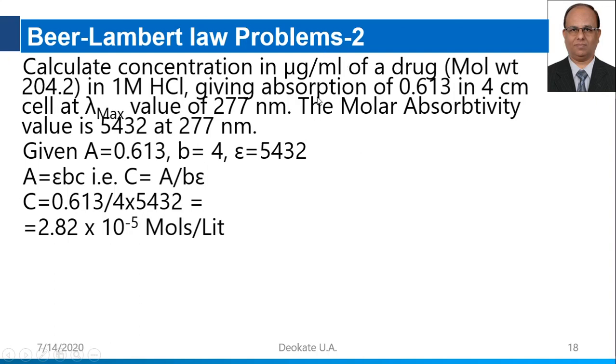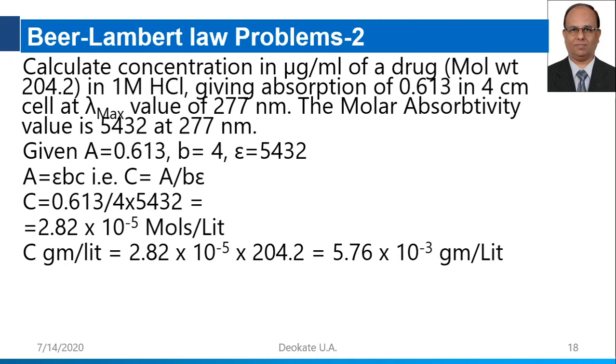Do you know how to convert? Moles per liter can be converted into grams per liter by multiplying with the molecular weight. See the importance of molecular weight, which is given in the problem. Why is it given? To multiply with the moles per liter. So we take 2.82 into 10 raised to minus 5 and multiply with 204.2.